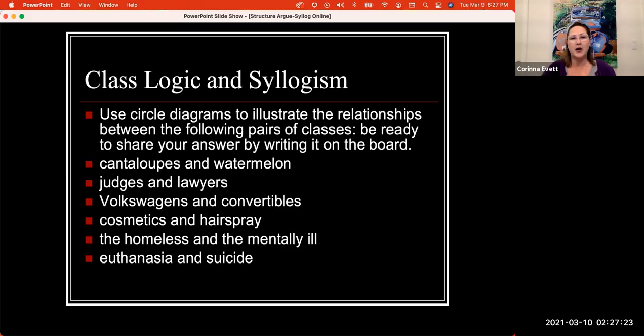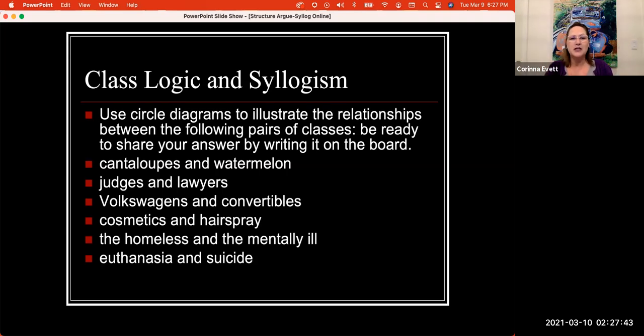So cantaloupes and watermelon, what do you think they are? Inclusion, exclusion, or overlap? And hopefully you're saying exclusion, right? Because cantaloupes and watermelon, although they're both in the melon category and are a type of melon, they are separate, just like handguns and rifles, right?